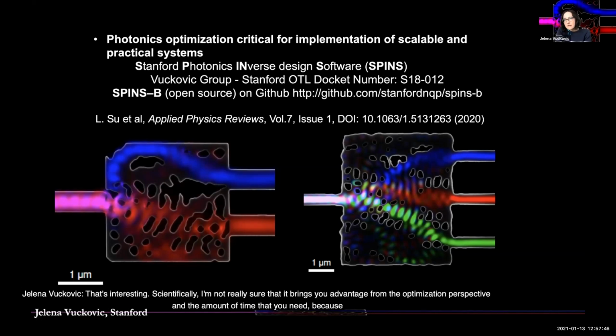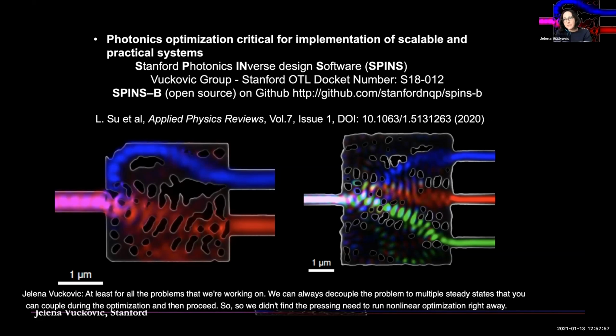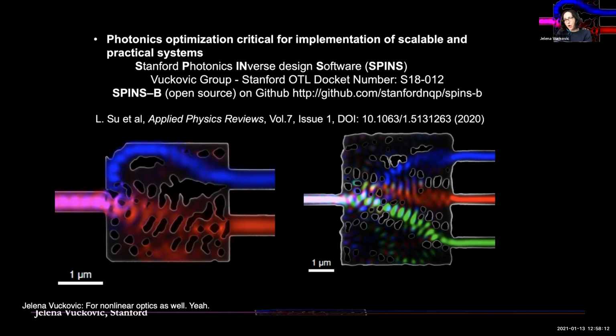That's interesting scientifically. I'm not sure it brings you an advantage from the optimization perspective and the amount of time you need, because for all the problems we're working on, we can always decouple the problem into multiple steady states that you couple during the optimization. So we didn't find a pressing need to run nonlinear optimization right away, for nonlinear optics as well.